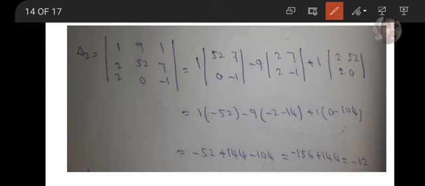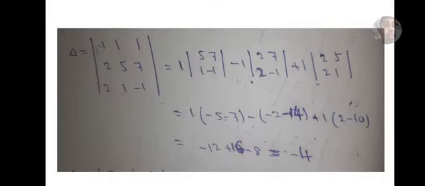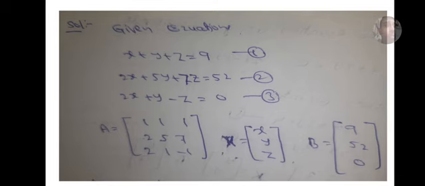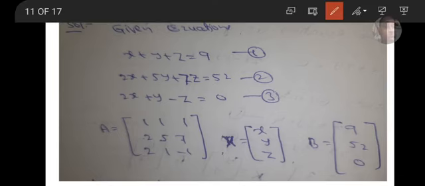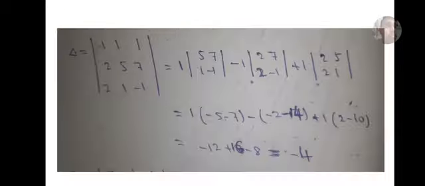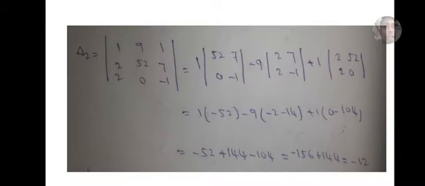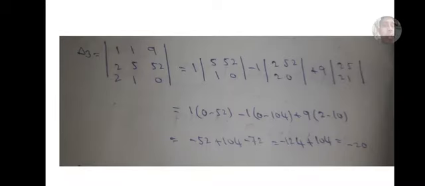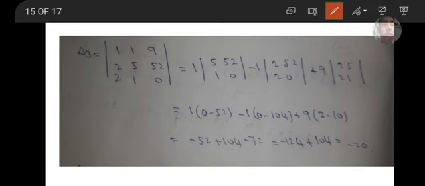Next, delta 3 means you have to remove the third column and replace it with the constants 9, 52, 0. Delta 3: the first two columns are the same, 1 2 2, 1 5 1, and the last column is 9 52 0.